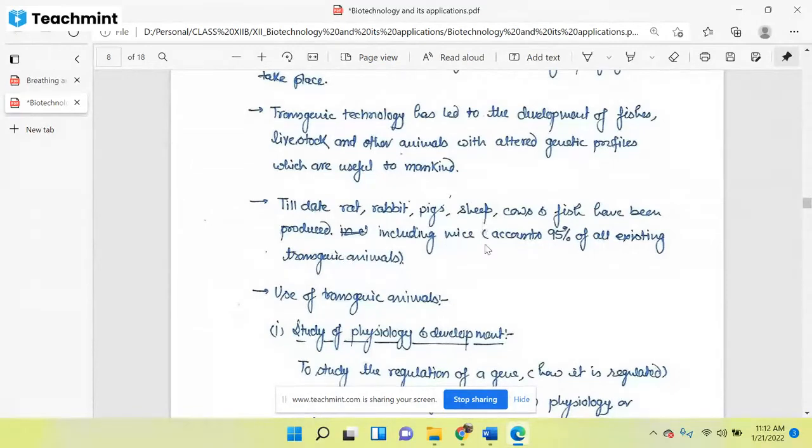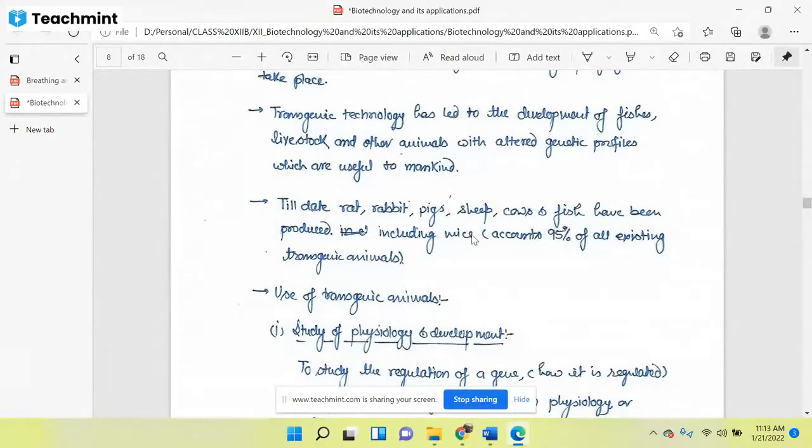And here it has been written that mice alone account for 95% of all the existing transgenic animals. Means whatever transgenic animals we have produced till date, around 95% have been produced in mice only. Out of all these species, only mice contribute around 95% of the transgenic animals.